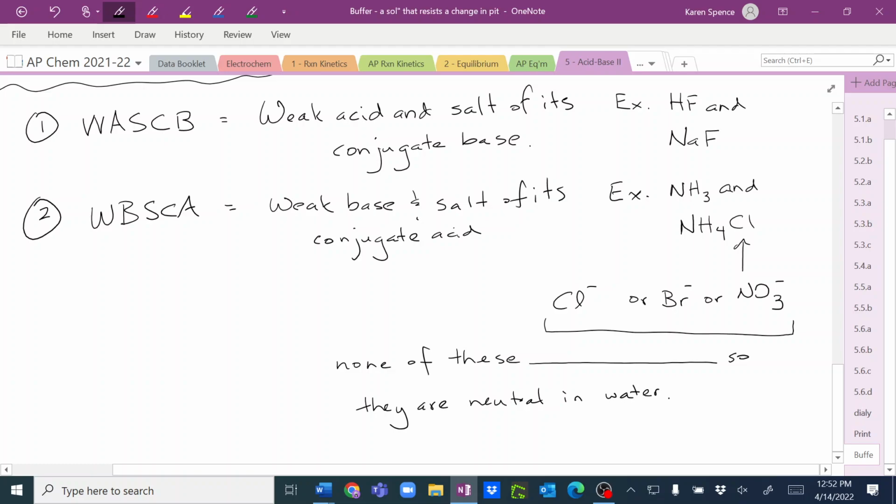Okay, so none of these do what? React with water. So they are neutral in water. What's another way I could say that instead of saying react with water?